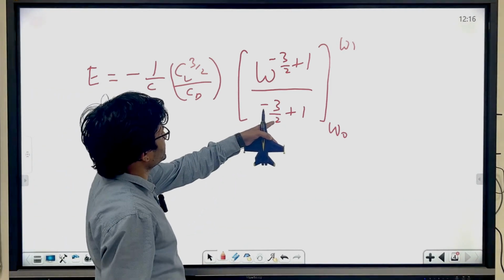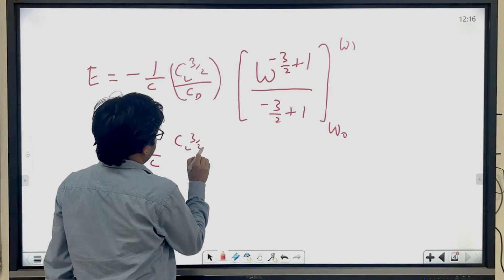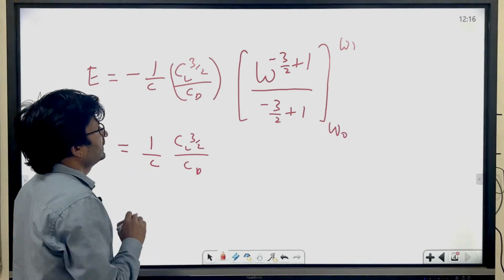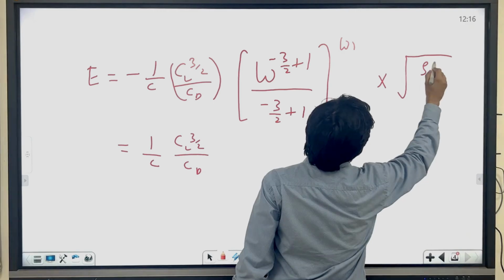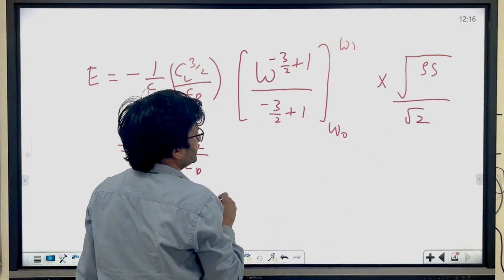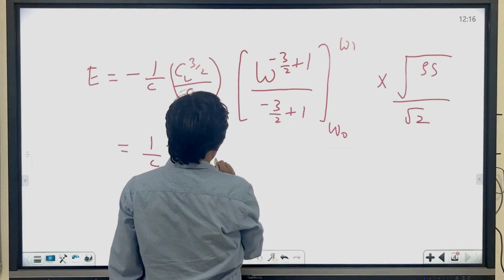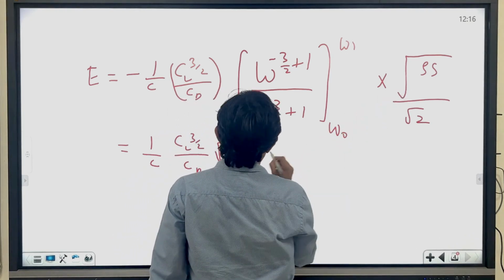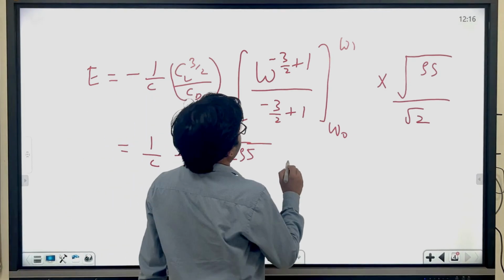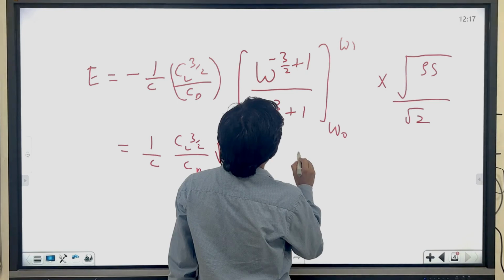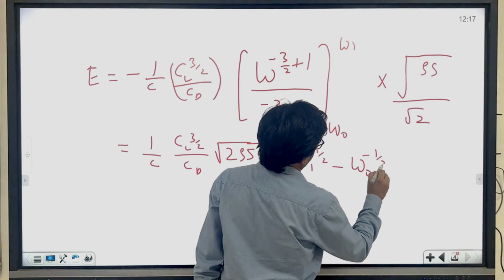Now the answer will be minus 1 by 2, and this minus and minus will become plus, and this is CL power 3 by 2 CD, and here you multiply by rho S by root 2, and here this 2 will go up, and this root 2 divided by root 2 will make it root 2, and this is rho S, so you can write finally 2 rho S, and this you can write as W1 to the minus half minus W0 to the minus half.